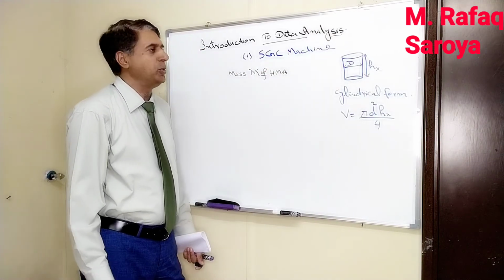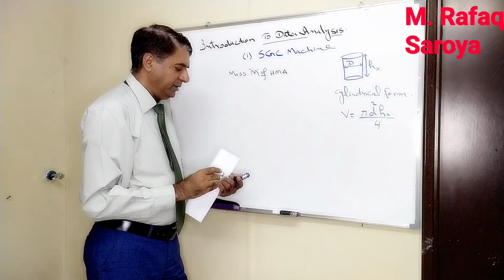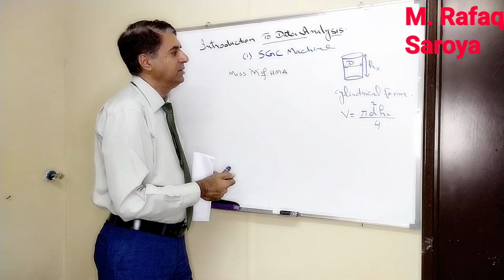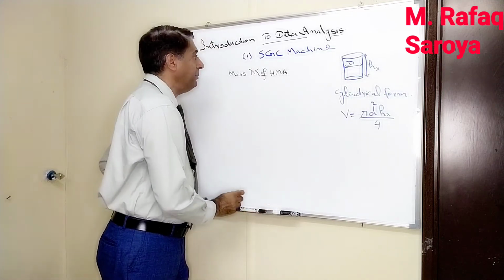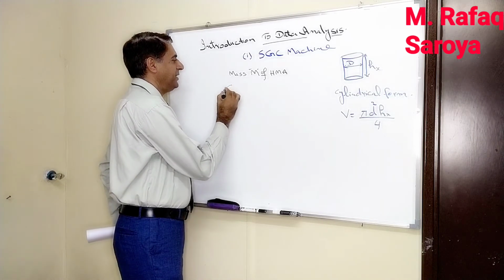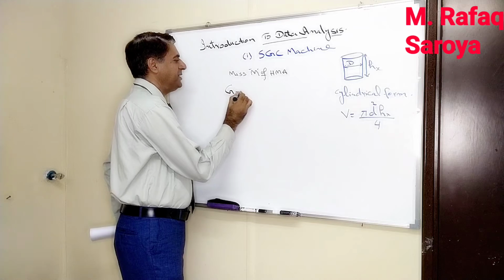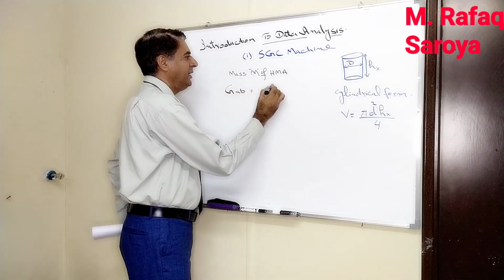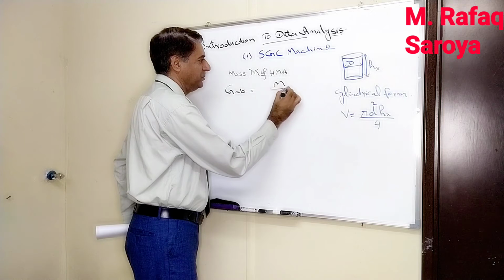It means mass is known to us. The volume can be determined by the equation given over here. From these two values, the bulk specific gravity of this specimen at any gyration can be calculated by this ratio.